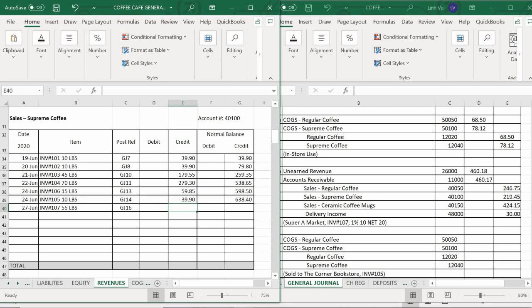And that credit amount is 219.45. I got a grand total of 857.85. Good.